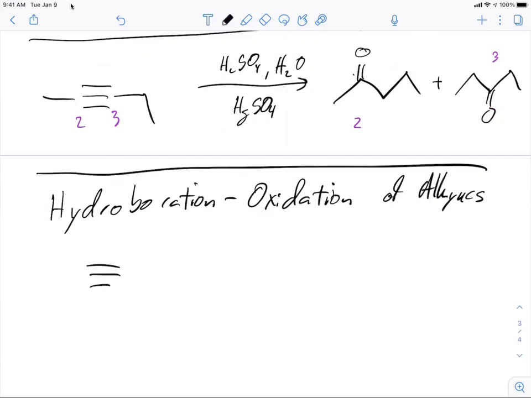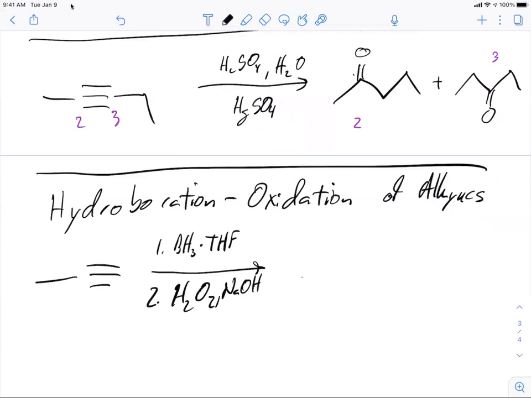So here, if we take this, BH3 THF, for a terminal, we'll end up with an aldehyde.